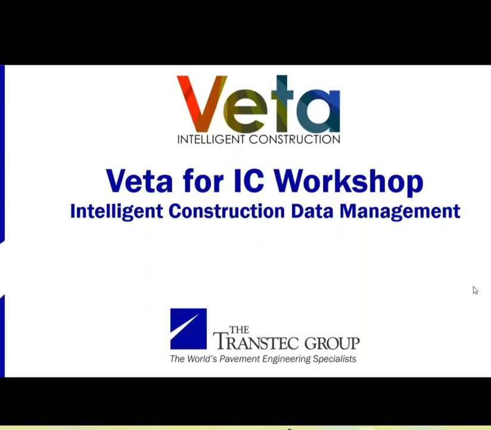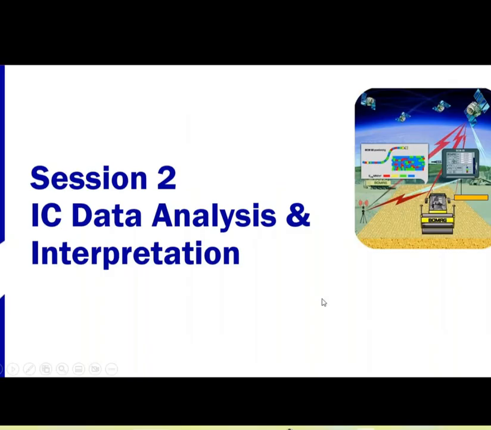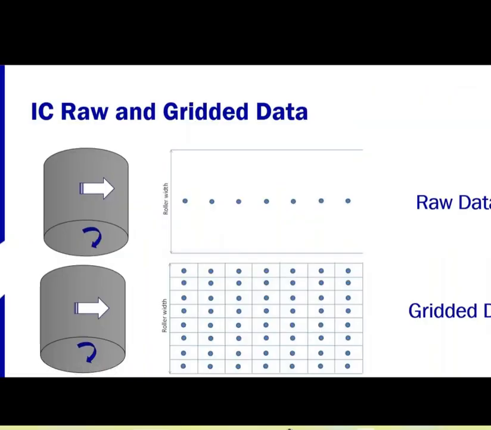Session 2 talks about how the data can be processed. But first things first: what is IC data, what has been collected, and how is it processed? For all IC systems, different vendors do similar things. This is showing the roller rolling within a short section.